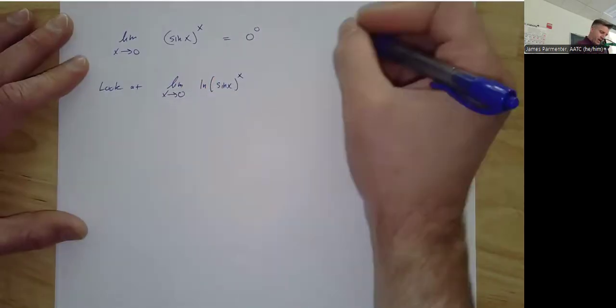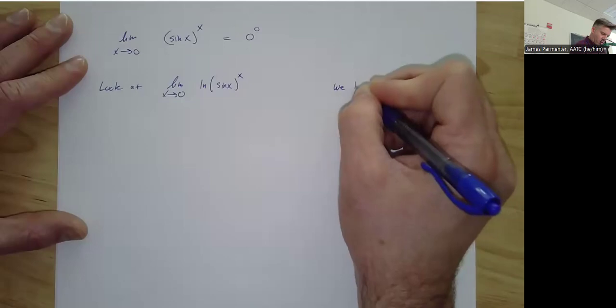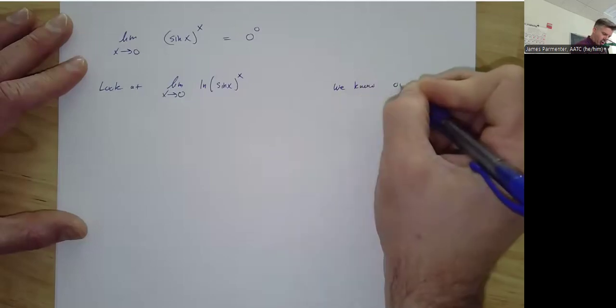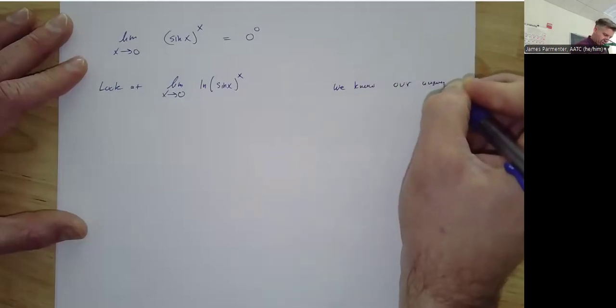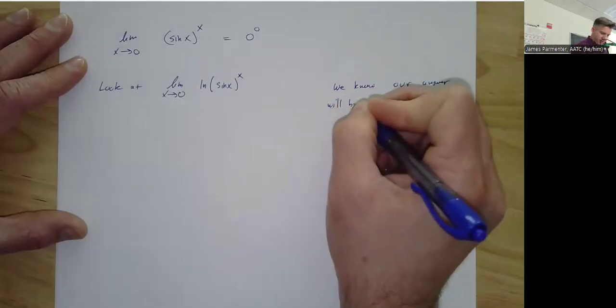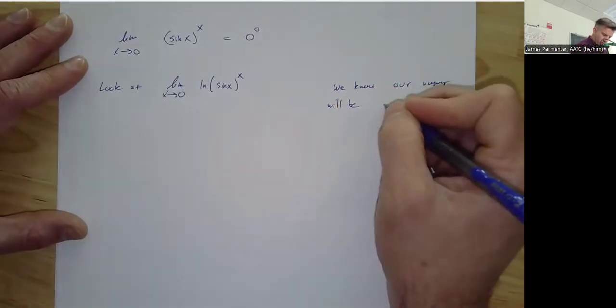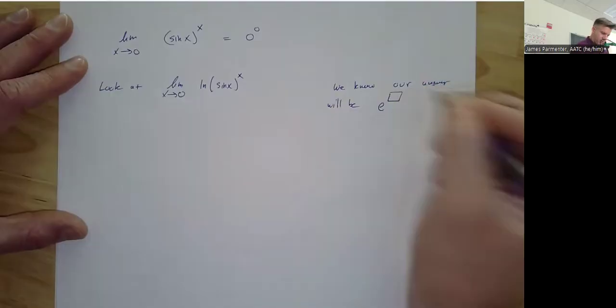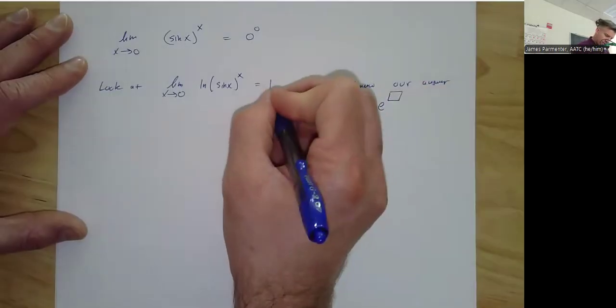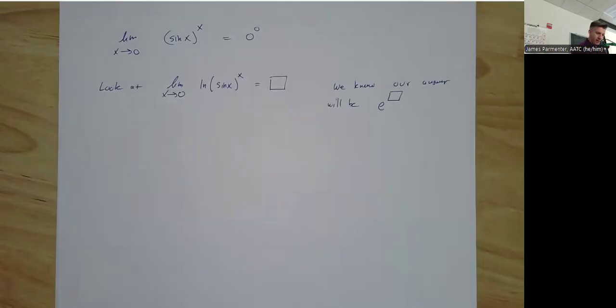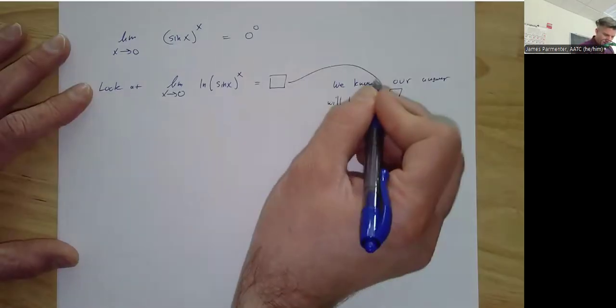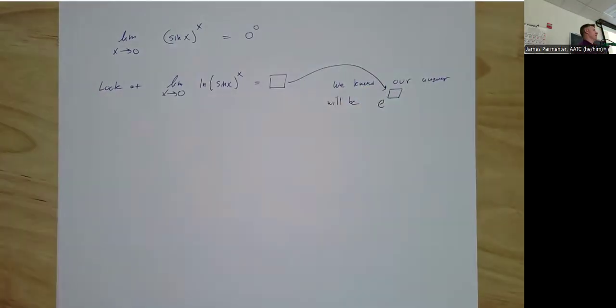And then off to the side they say, we know our answer will be e to the whatever we end up getting. This feels like too much writing. Whatever that ends up being equal to will go right in there. I feel it's kind of silly. I don't like doing it that way, but some people do.